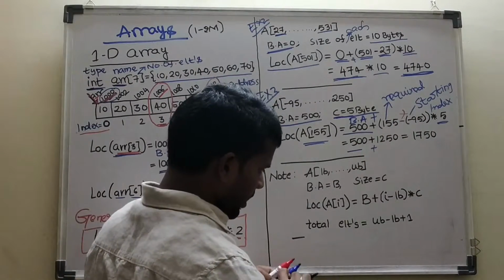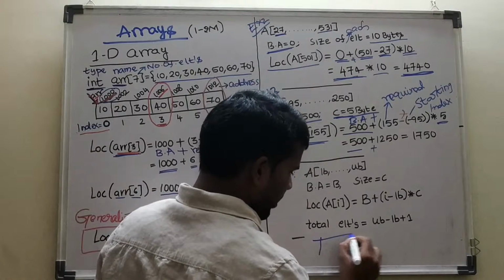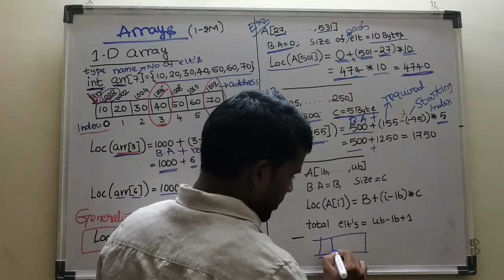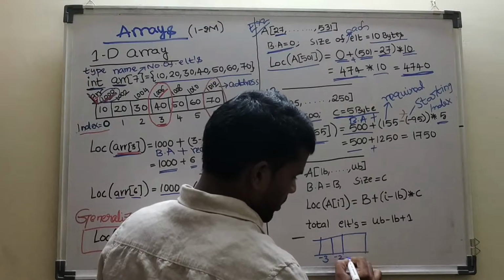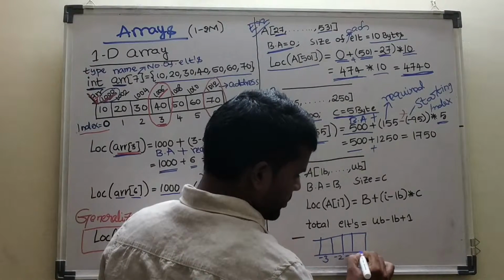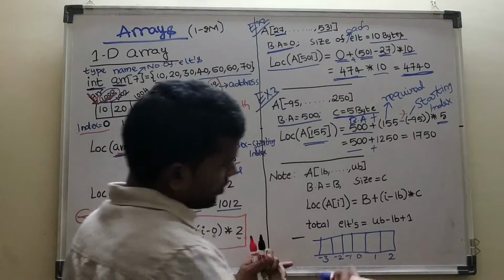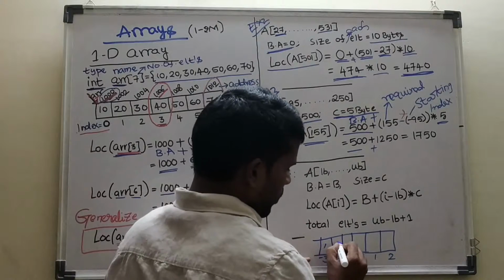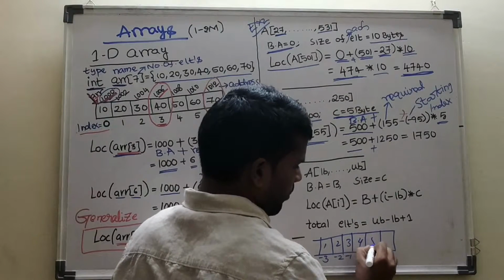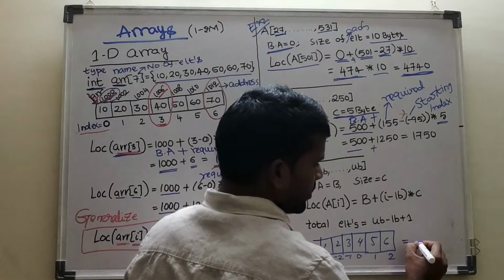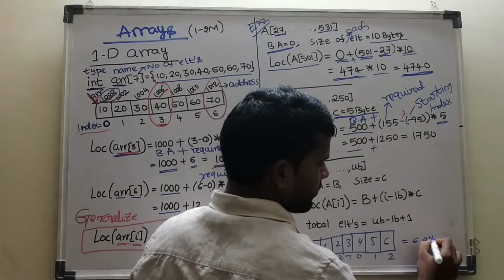See here what will happen. Suppose you have an array like this. This is minus 3, this is minus 2, and this is minus 1, and 0, 1, 2. So how many elements do you have? 1, 2, 3, 4, 5, 6. That implies you have 6 elements, right?